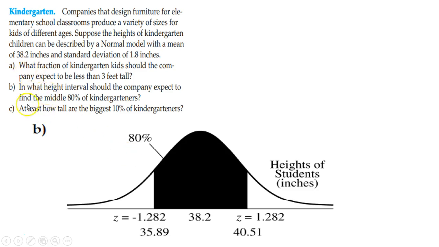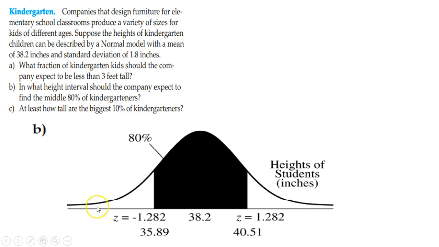B, it says, in what height interval should the company expect to find the middle 80%? So if that's the middle, right here, that's 40% on either side. So if that's 50, 40%, that means I want 0.1, and I want 0.9, because that's 50 and 40 is 90. So I would do inverse norm of 0.1, comma, 38.2, comma, 1.8, it would give me this.